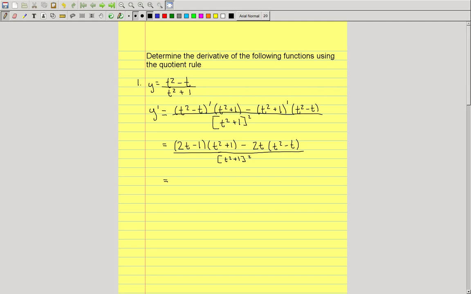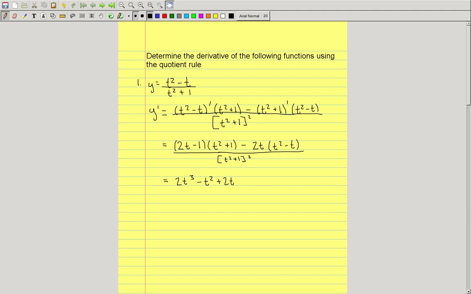So we're going to go ahead and multiply all of this out and get 2t cubed, taking the product of our first two terms in our binomial. Then we're going to look at the inner terms and get minus t squared. Then we're going to look at our outer terms and get plus 2t.